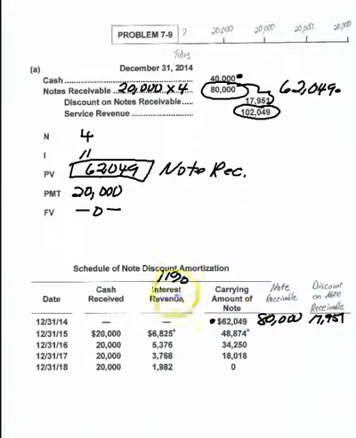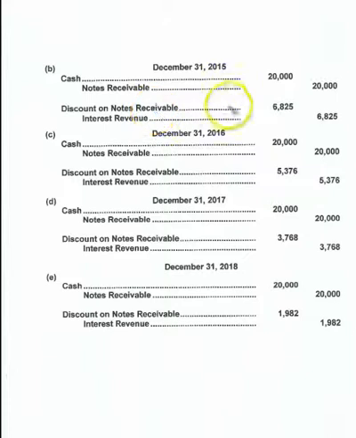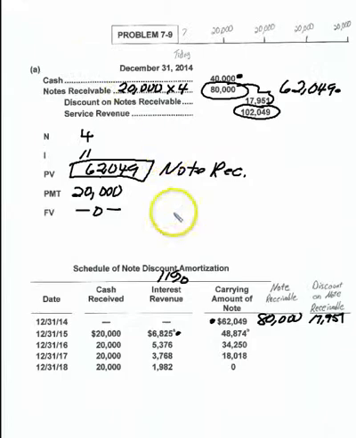We take that times 11%, and we'll get this $68.25. So we're going to record that $68.25 just like we've been doing before. We're going to reduce the discount and record interest revenue for that $68.25 because the discount still represents future interest revenue, right? This discount represents future interest for us.